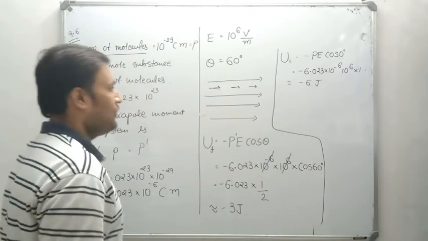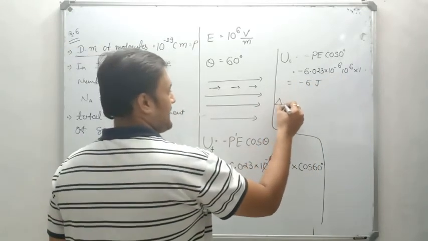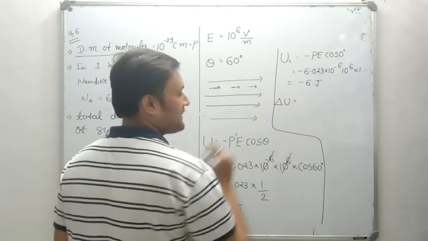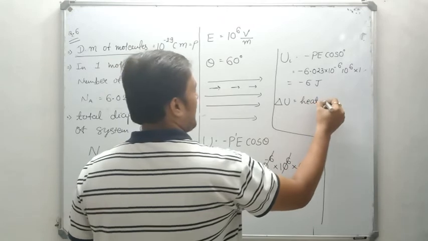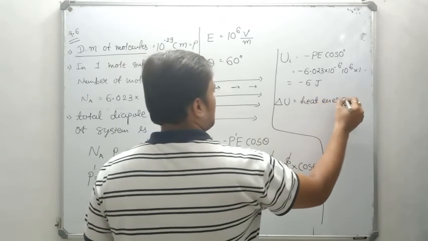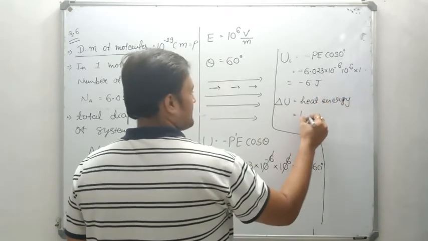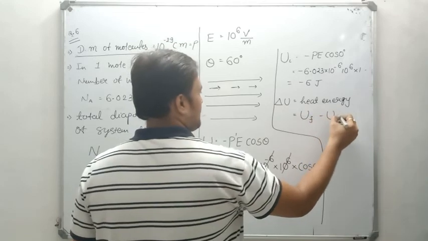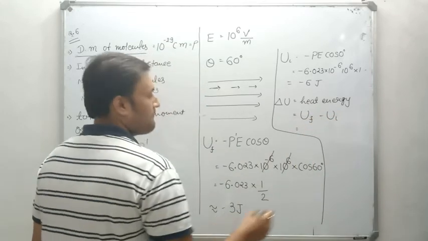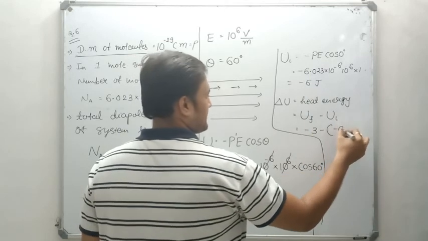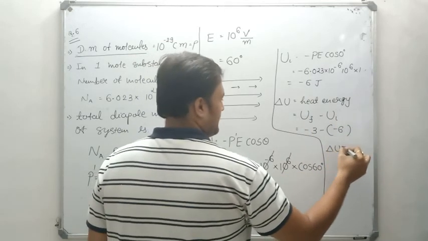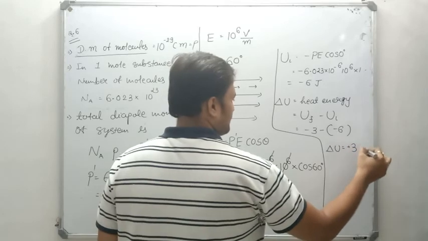So the change in potential energy delta U is what produces the heat energy, and it is UF minus UI. UF is minus 3 and UI is minus 6.